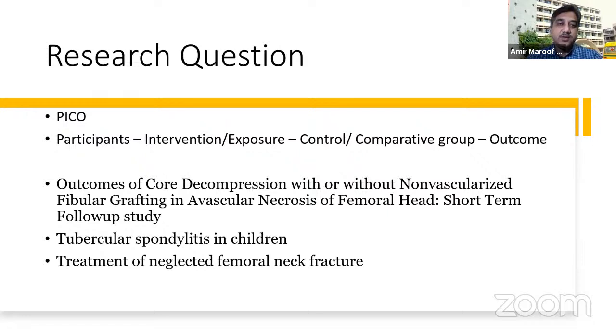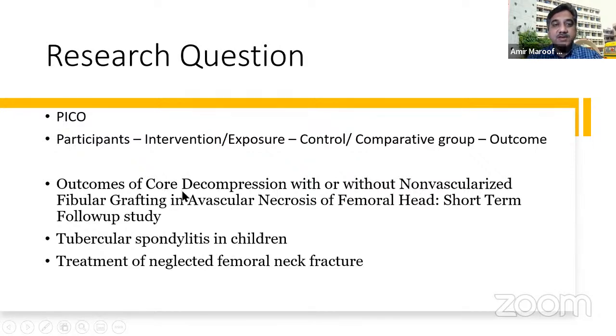So if you look at the first example: outcome of core decompression with or without non-vascularized fibular grafting in avascular necrosis of femoral head, a short-term follow-up study. If you look at this, the intervention is core decompression with non-vascularized fibular grafting.